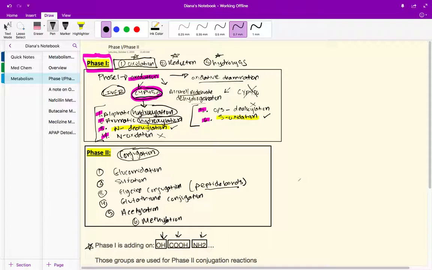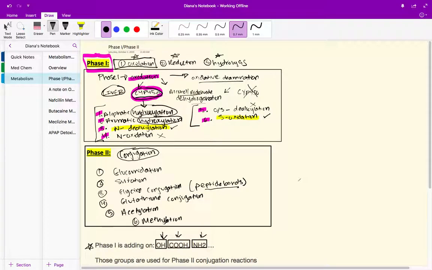But we also mentioned phase 1 reactions also for oxidation, because these are all under oxidation right now. Under oxidation, there is alcohol and aldehyde dehydrogenation, which is mediated by enzymes that are not CYP450 enzymes. I'll talk about that in a second, so keep that in mind.